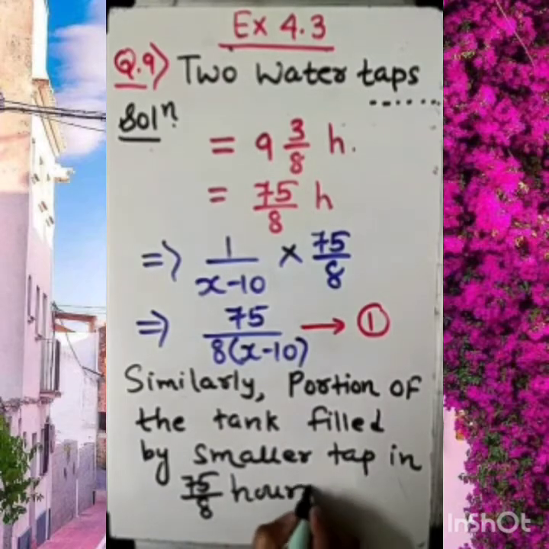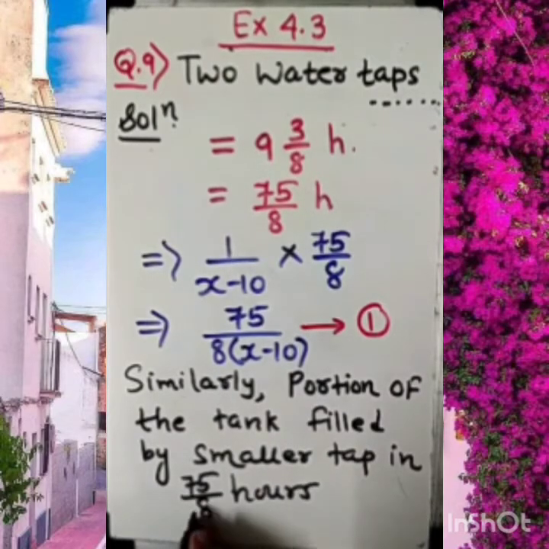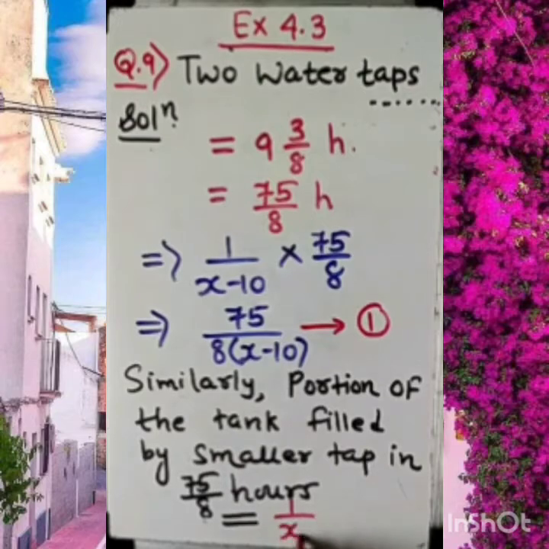So what will it be? If I move with that for the smaller tape, of course for the smaller tape it is 1 upon x. So here I need to write 1 upon x into the same time duration 75 by 8. So it will be 75 upon 8x. Let me call this result number 2.